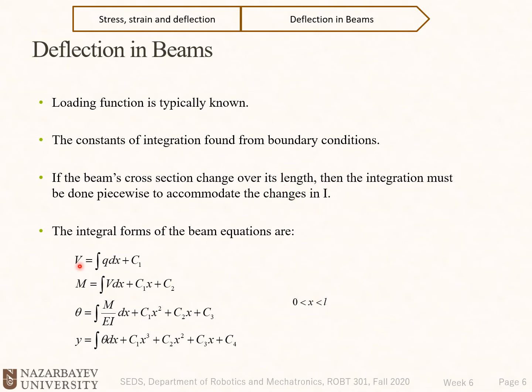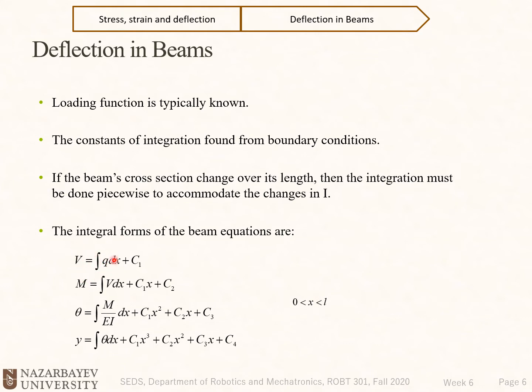The integral forms of the beam equations are as follows. We already had this equation, q is equal to dV/dx, or q is equal to the derivative of V with respect to x.